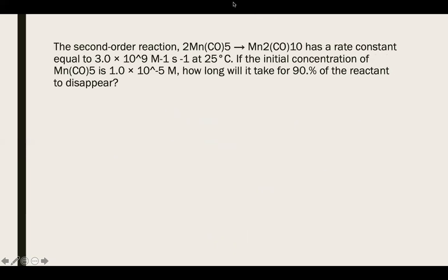We're given a second order reaction that has a rate constant equal to 3 times 10 to the 9th, 1 over molarity times seconds, at 25 degrees Celsius.